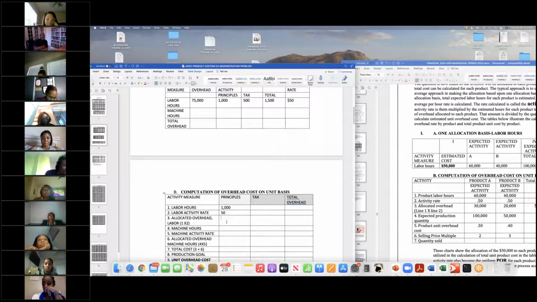So how much of the overhead are we gonna allocate to the principal's book? 50,000. We just multiply 50 times 1,000. We get 50,000. And eventually we know that the total overhead needs to be 75,000.